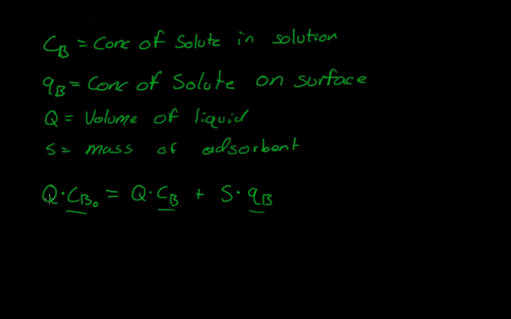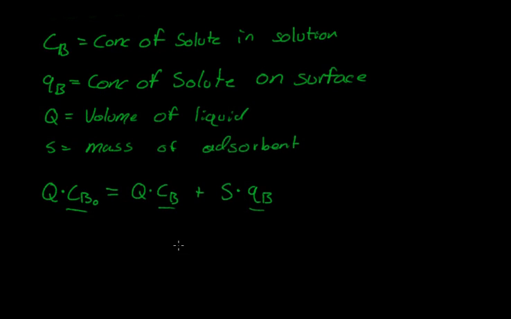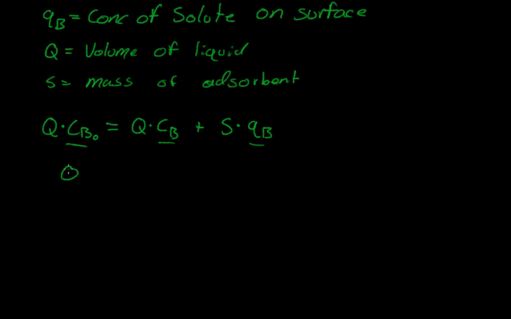So if we do a little bit of rearranging and try to solve for qb, we'll have Q times Cb naught minus Q times Cb is equal to S times qb, and we're just going to divide by S. I guess we could have just divided by S up here first.